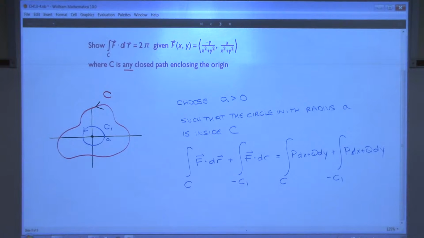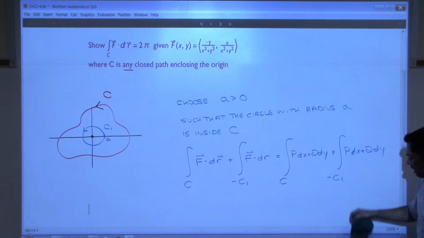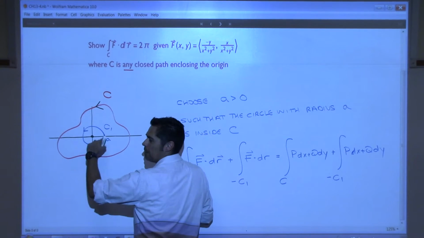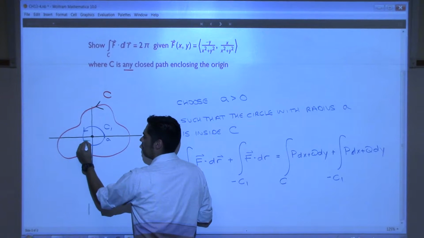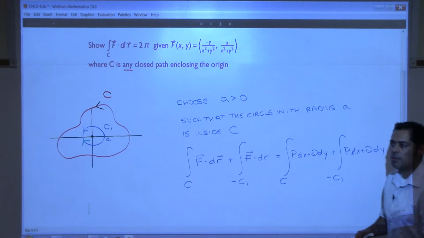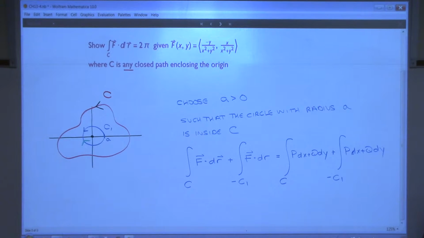And can you tell me what that is? Look, what does negative C1 look like? It's the same curve, but in the opposite direction. Do you agree with that? Isn't that what I just had on the board a second ago?